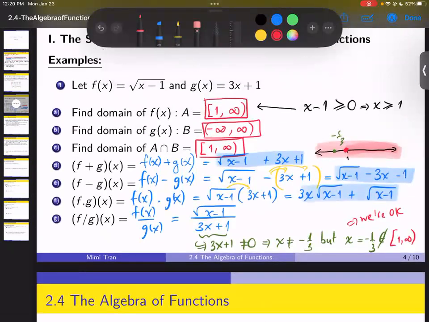Remember that little funny e, epsilon in Greek? If it's epsilon, a little funny e, then it means belong to. If you cross that, it means not belong to. It's kind of like equal, and then you cross that, it's not equal. Negative 1/3 is not inside the interval, so we're okay. We don't have to eliminate anybody.